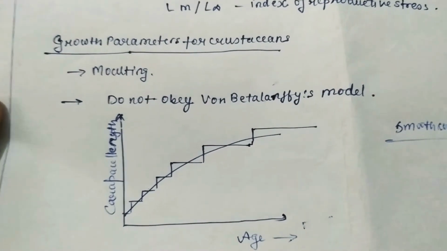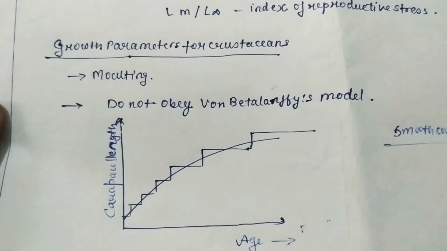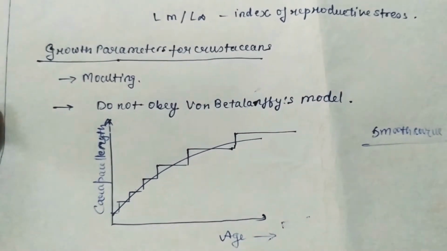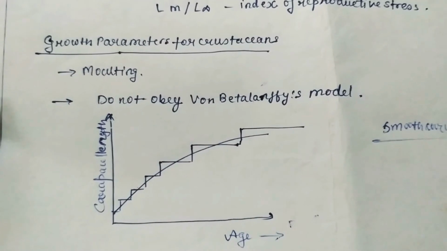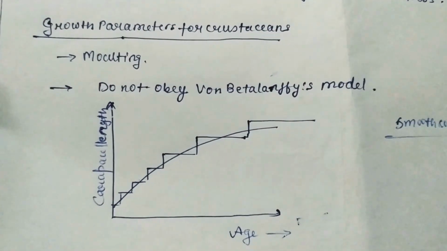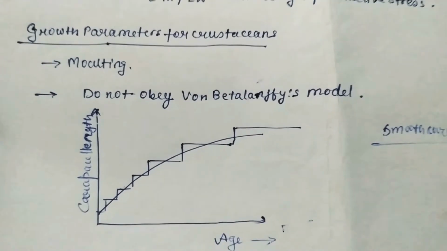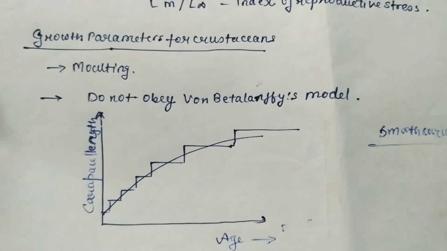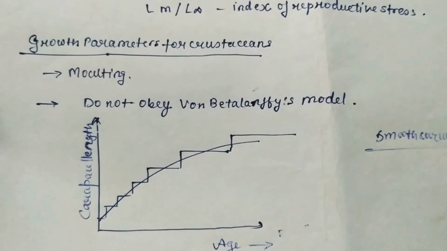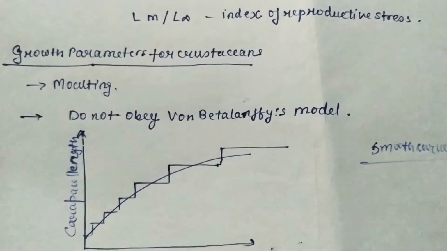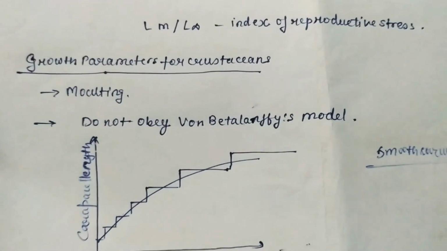This is a graph showing the growth of crustaceans, which have a stepped curve due to molting as compared to other growth curves, like for elasmobranchs, where we can see smooth curves because molting changes do not occur.